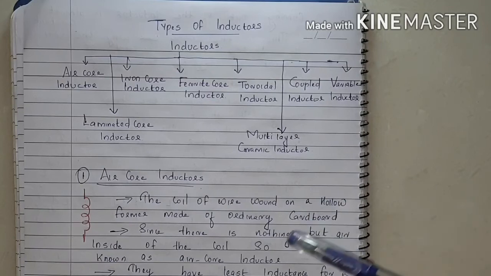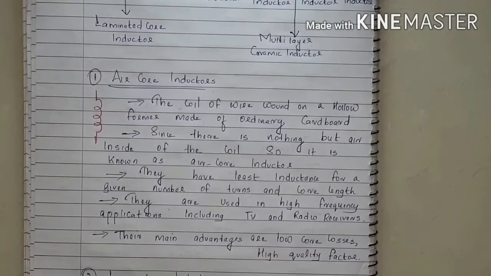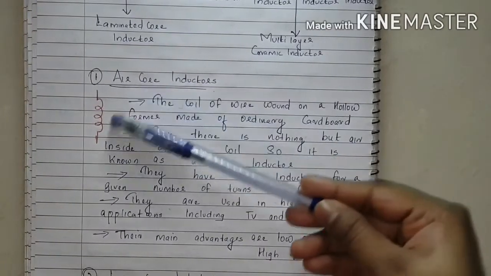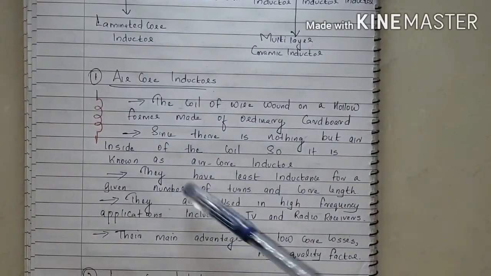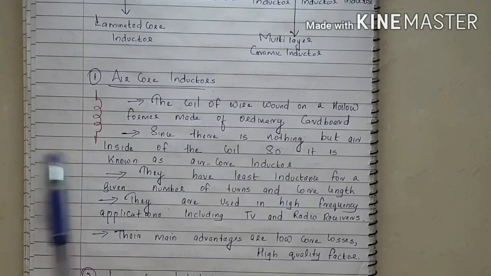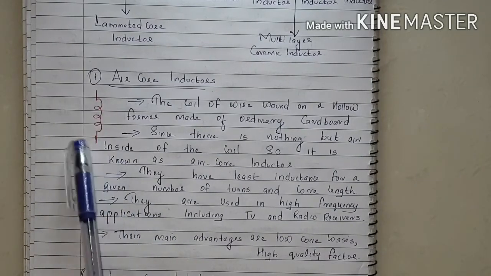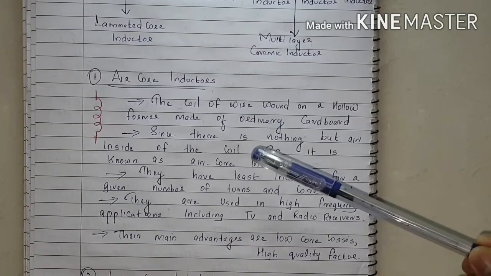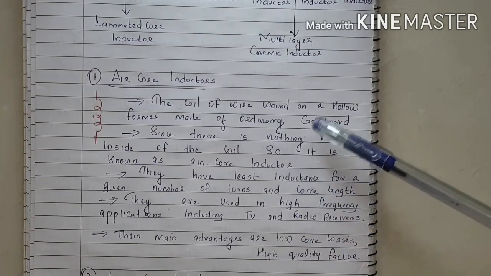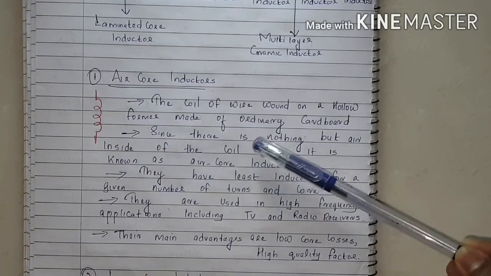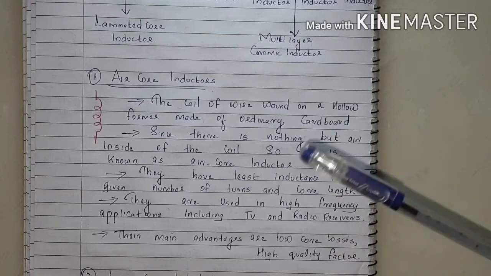First we will discuss air core inductors. This is the symbol for an air core inductor. It is just a circular winding, with nothing inside. That is, a coil of wire wound on a hollow former made of ordinary cardboard.